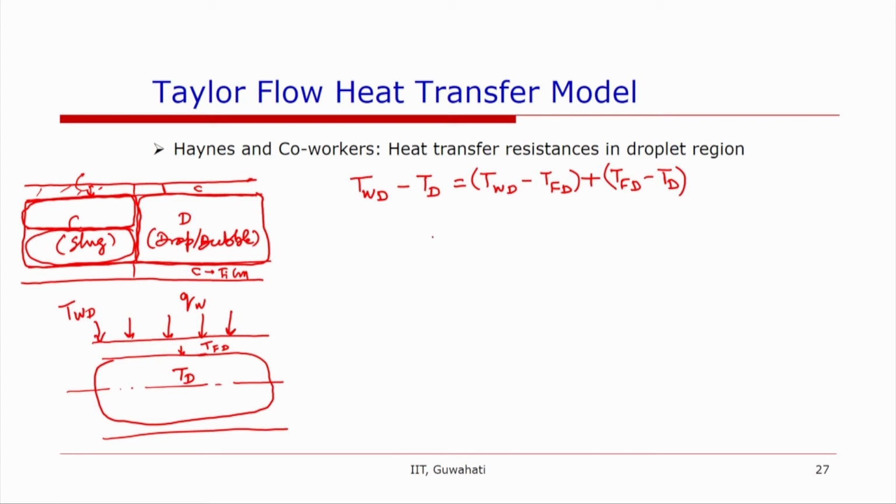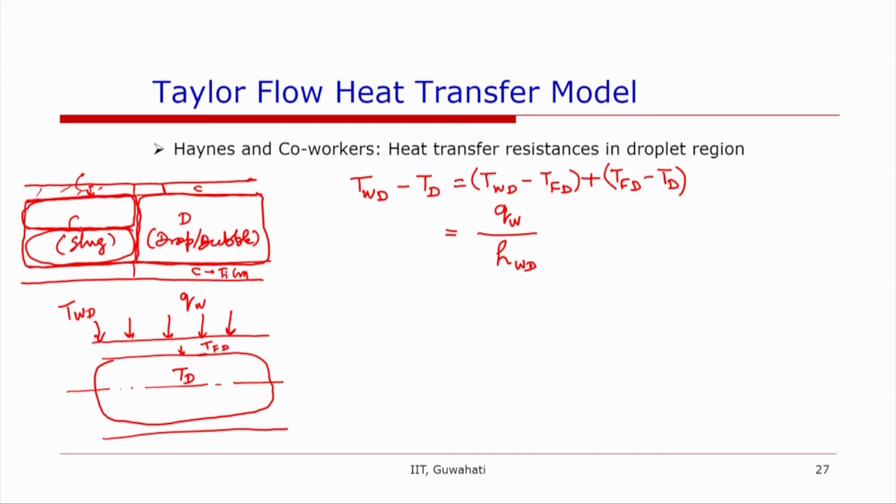Now, we can write this T wall minus TFD as equal to Q wall, that is the heat coming in, divided by the heat transfer coefficient. So, delta T is equal to Q wall over H, and that will be H of wall in the droplet regime.